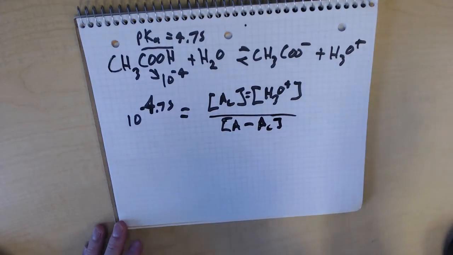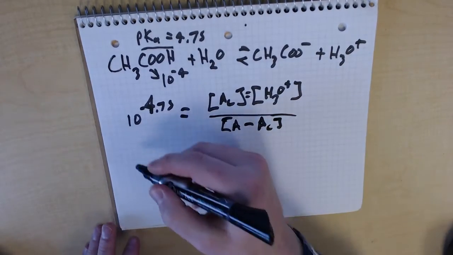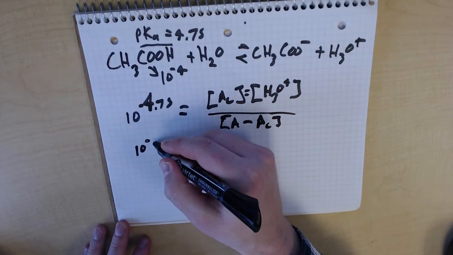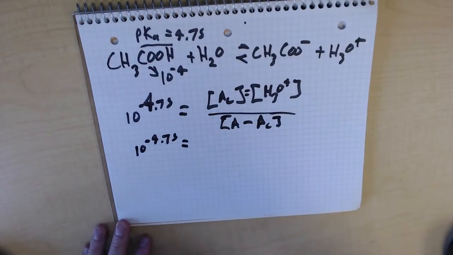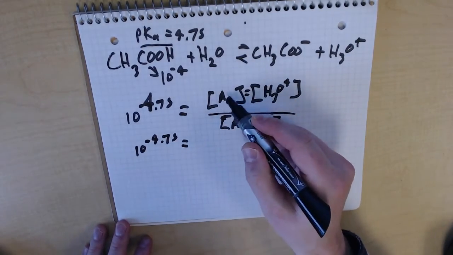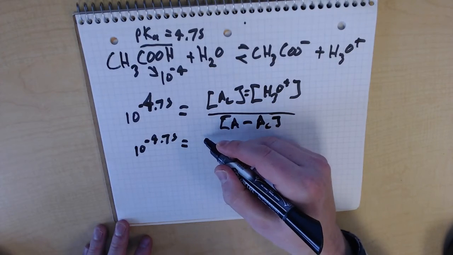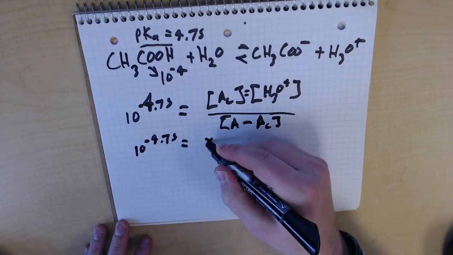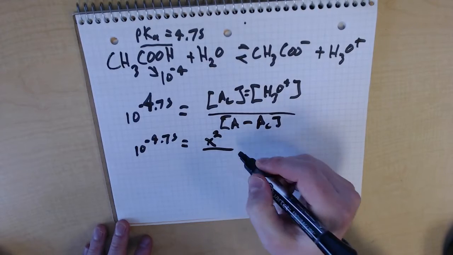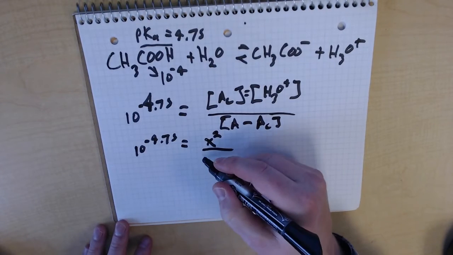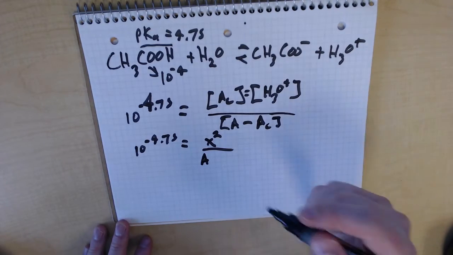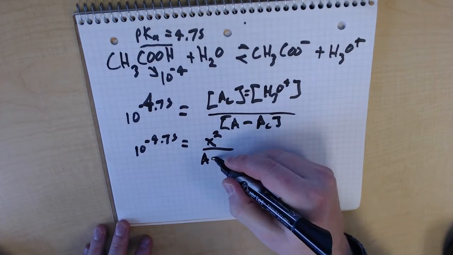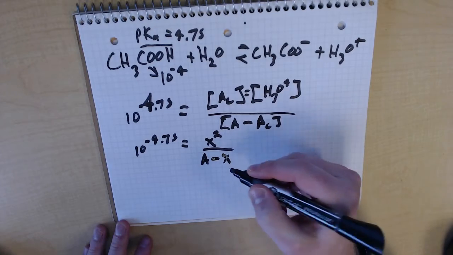And then to make this a little bit more algebraic, I'm going to convert this to more mathematical notation that you would probably think of as easier. So we just said these two things are equal. Let's call them x. And so x times x is x squared. And then that's going to be divided by the concentration of the acid, which we called A, and that's going to be also minus x.